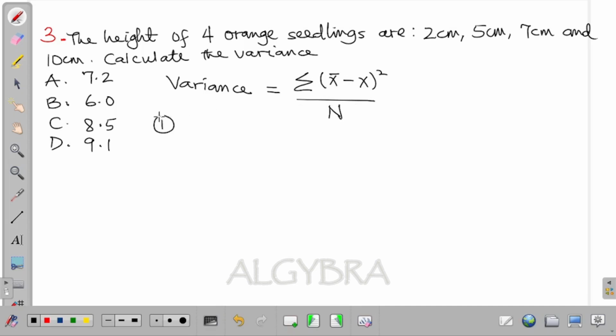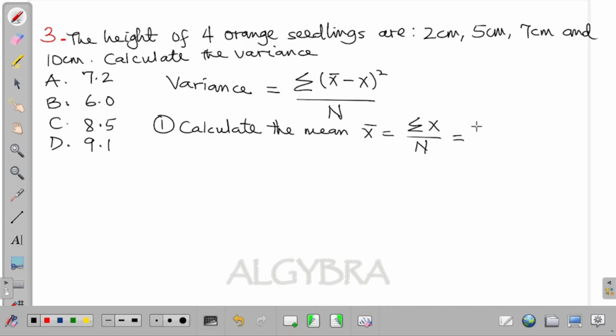The first thing we're going to do is calculate the mean. The mean is given by x bar, and the formula for x bar is the sum of all the samples over the number of samples. In this case, the samples are the values we have here.